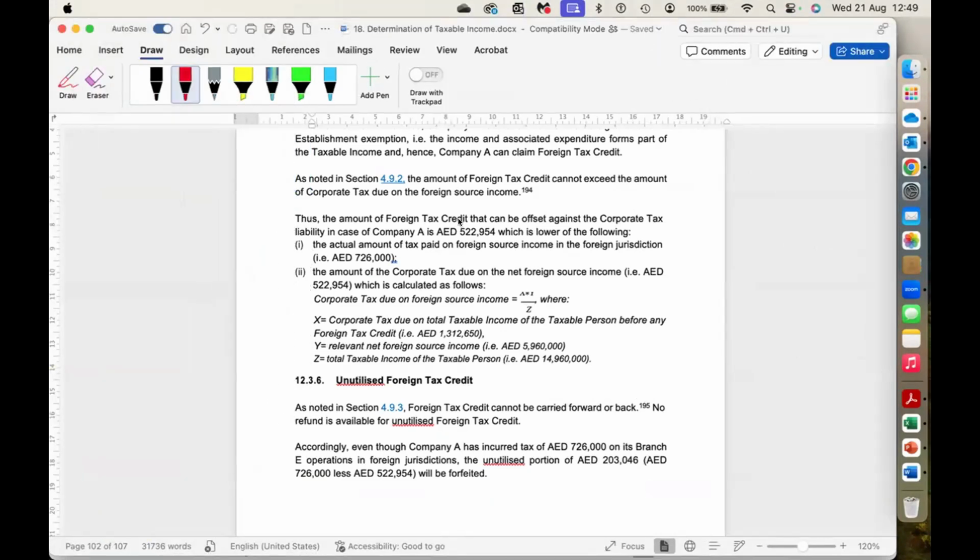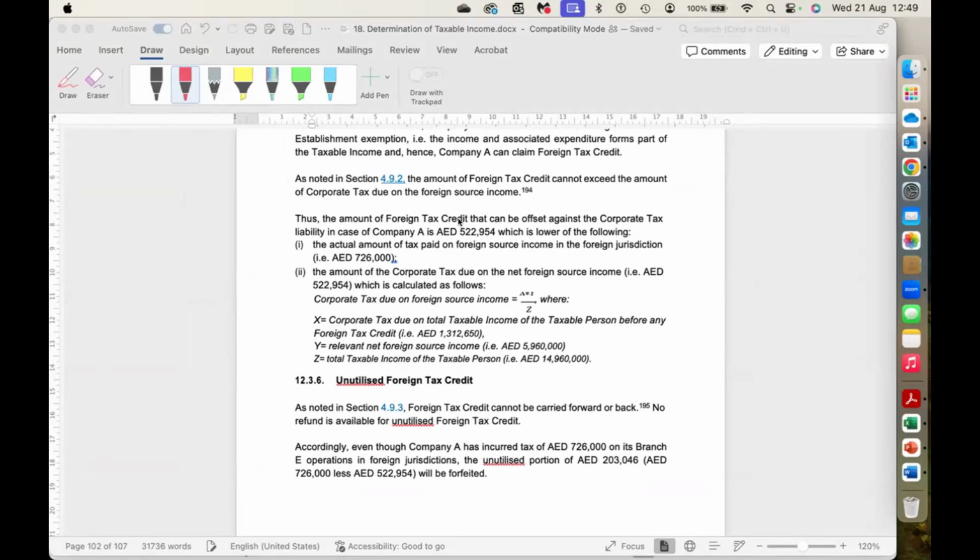A few questions are here. The first question is whether dividend from a non-resident juridical person is subject to tax if the 5% participation exemption conditions are not met.